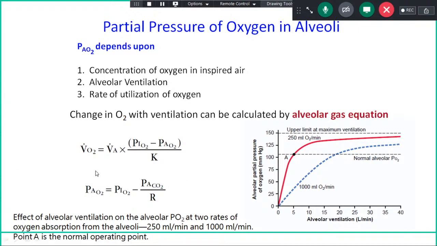So the alveolar PO2 is given by this equation: inspired partial pressure of oxygen, that is the partial pressure in the inspired air, minus the alveolar partial pressure of carbon dioxide divided by R, which is the respiratory exchange ratio. This is the alveolar gas equation, which is given in the next slide also.